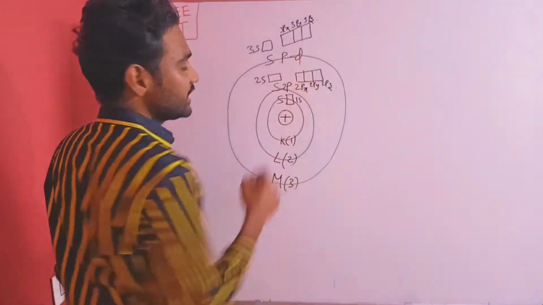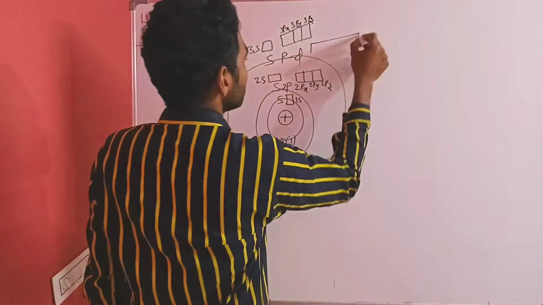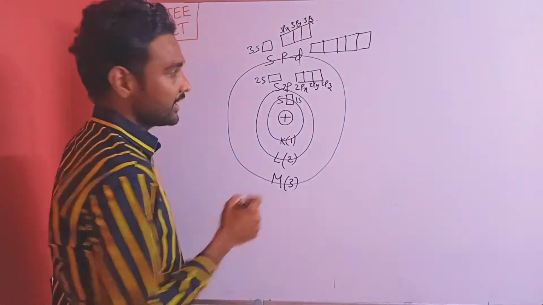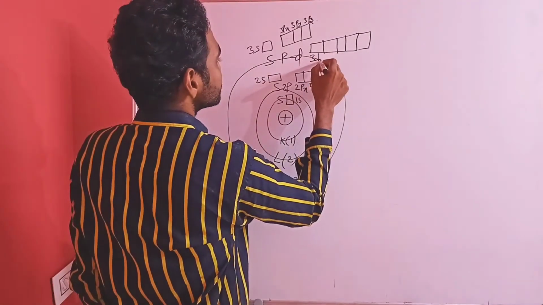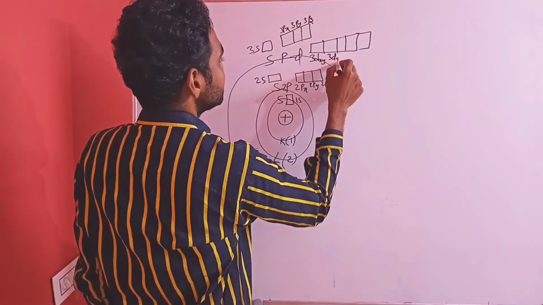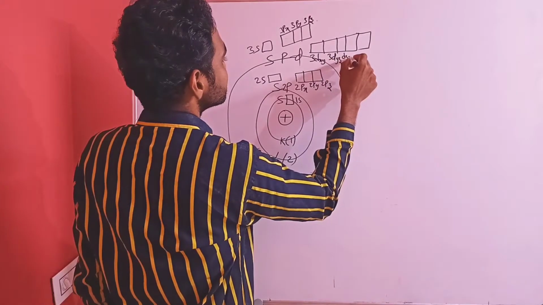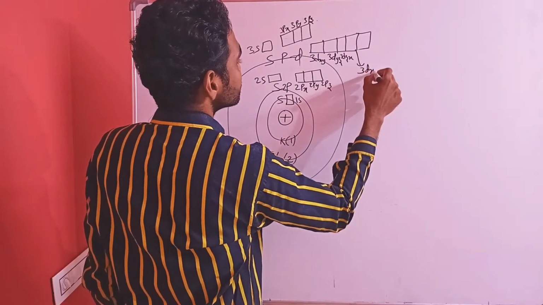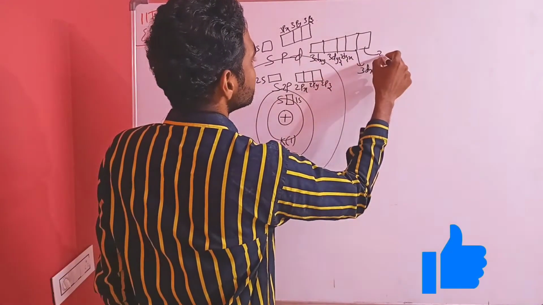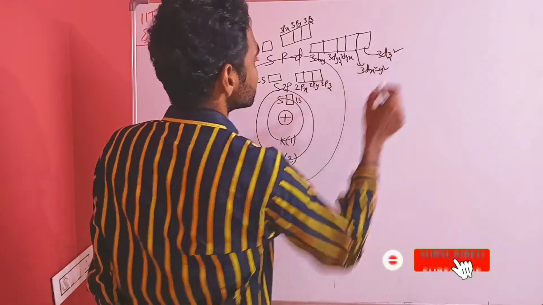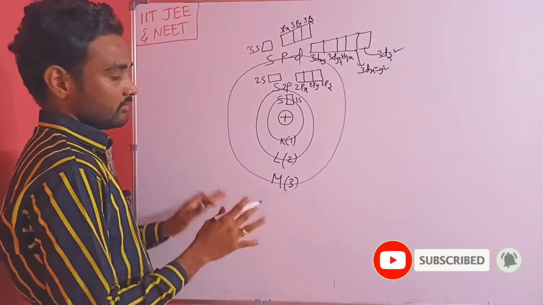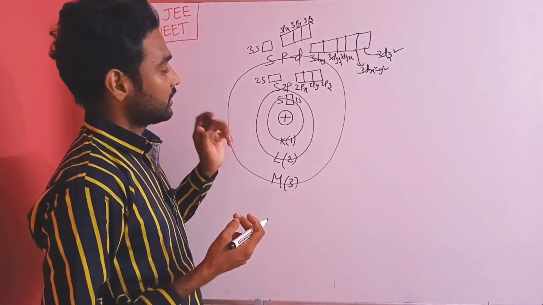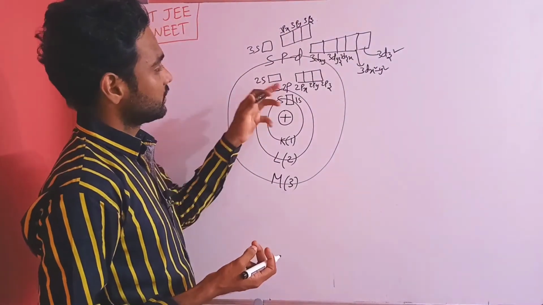Now in the d subshell there are 5 orbitals: 3dxy, 3dyz, 3dzx, 3dx square minus y square, 3dz square.